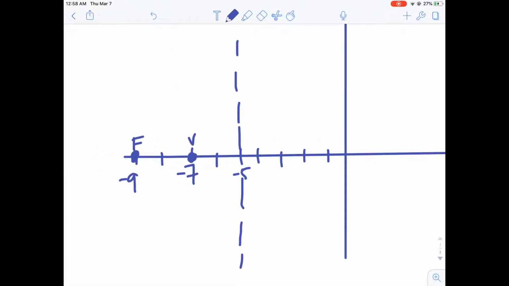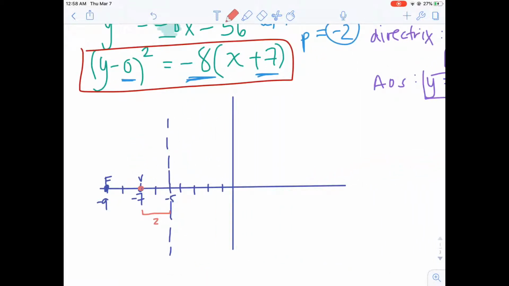So notice this, before I go ahead and draw the parabola, we have the vertex right here in the center, and we have a distance from the vertex to the directrix. That distance is 2, which makes sense because our p is -2, and the absolute value of that is 2.